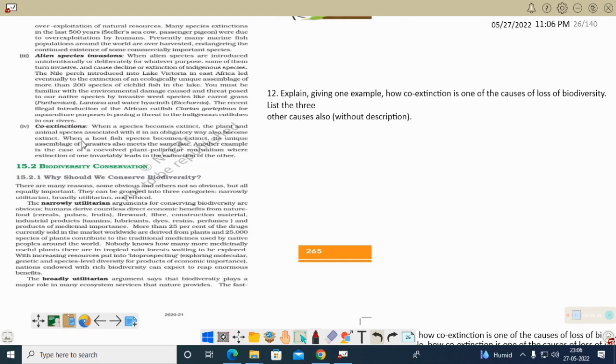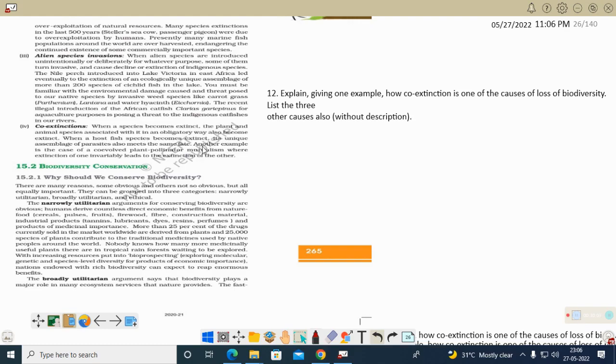So co-extinction means when a species becomes extinct, the other species which is in obligatory association with it will also undergo extinction. That can be seen in parasitism as well as in symbiosis. In parasitism, when the host organism undergoes extinction, the parasites will also be extinct.